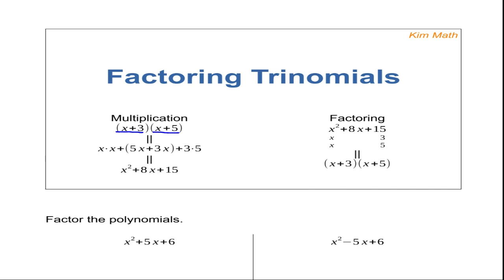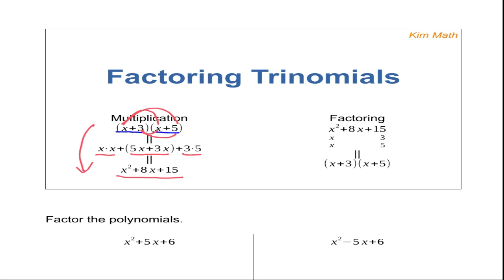x times x is here, and 5x, 3x must be here, and 15 is here, right? So the final result is here. So we say this is the multiplication.